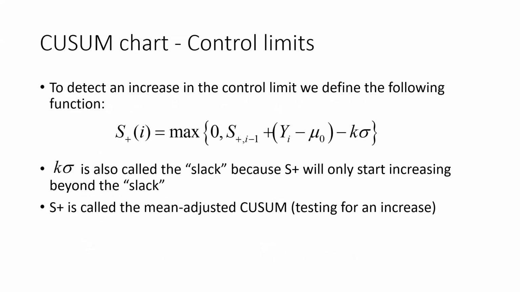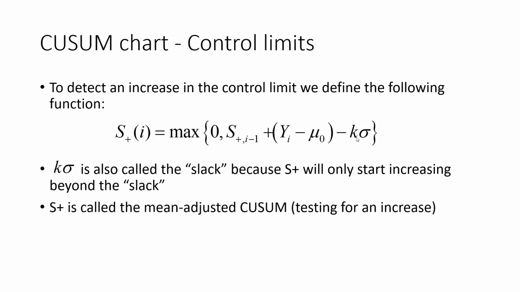Yeah, and so to detect the increase in the control limit, we define the following score. We take the maximum of 0, which prevents it from being a negative score, and the previous score plus the new observed difference minus k times sigma.